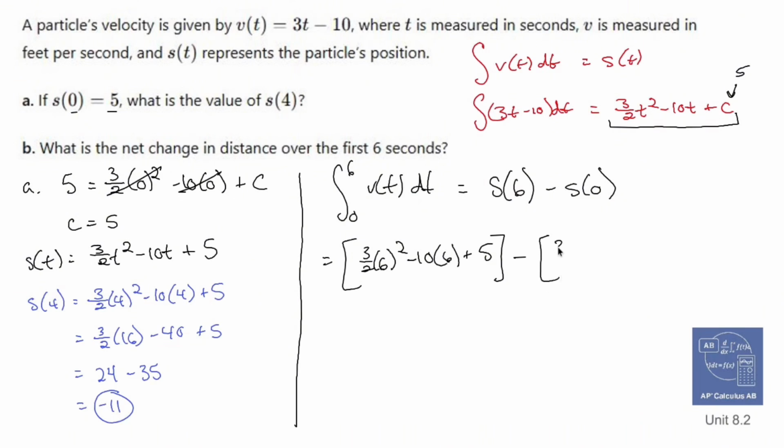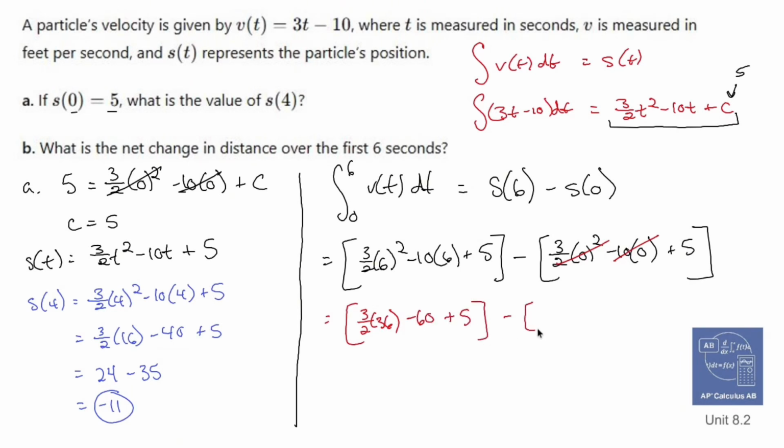minus 3/2 of 0 squared, how nice, minus 10 times 0 plus 5. So the 5s will go away. That's going to be 3/2 of 36 minus 60 plus 5 minus 5.